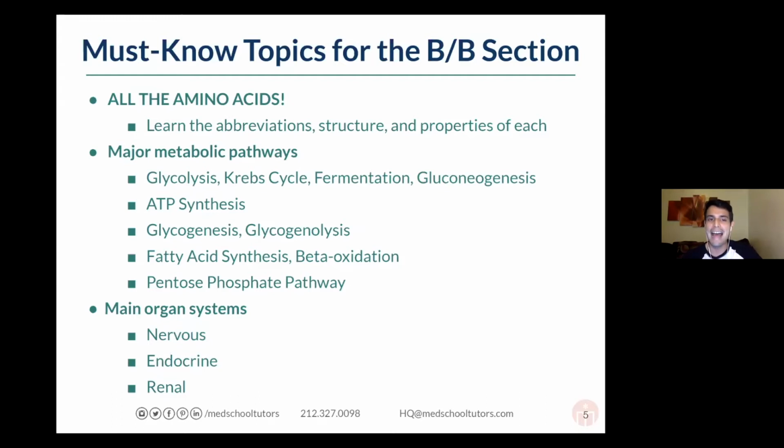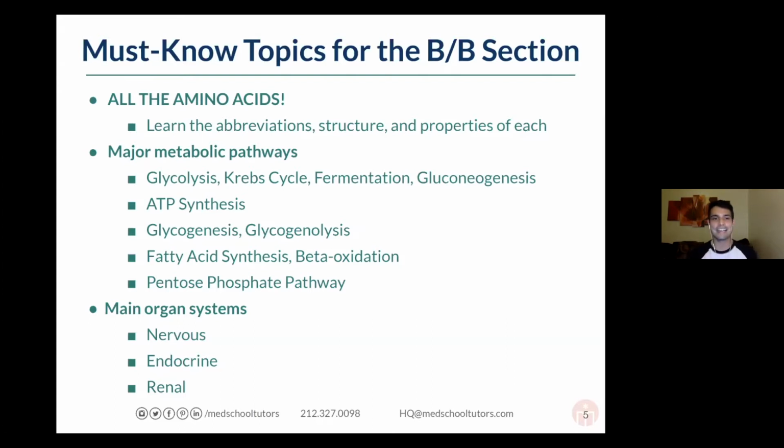But if I had to give you 3 things that I think are the most high yield for the biochem section, that if you had to memorize any 3 things or really deeply learn any 3 things, it would be these 3 categories. And we'll go through them one by one. So the far and away front runner for this is going to be all the amino acids.